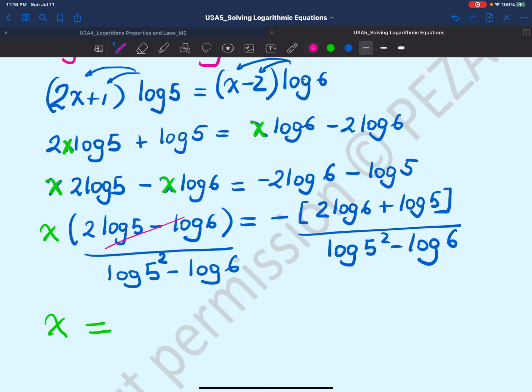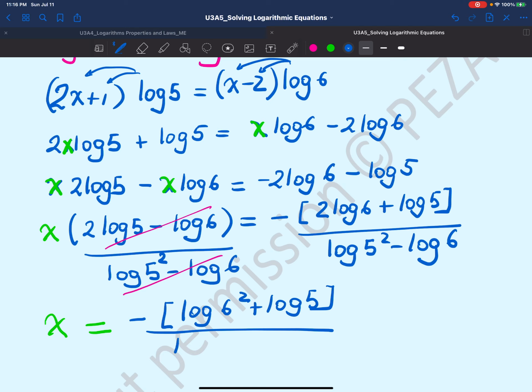So we have these two terms simplified, and the right side is negative log of 6 squared plus log 5 over log of 5 squared, which is log 25, minus log 6.